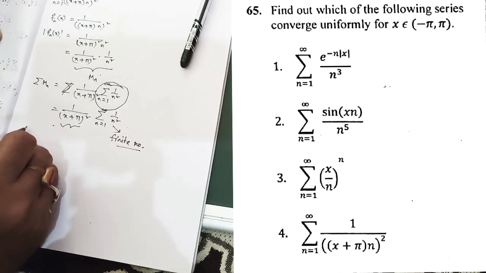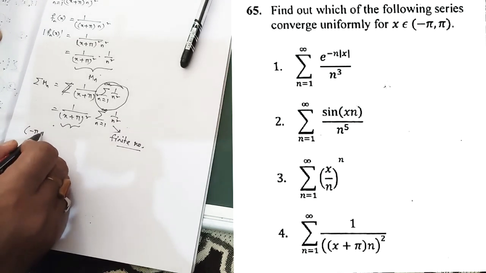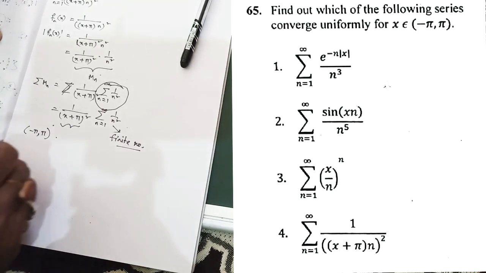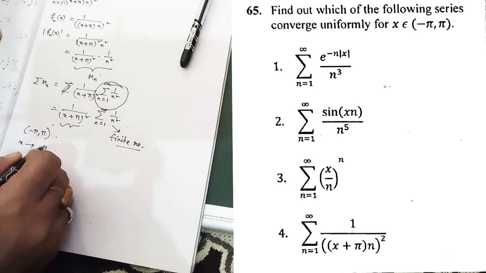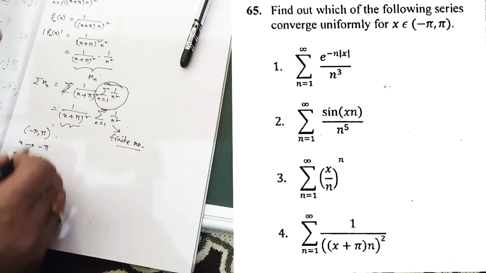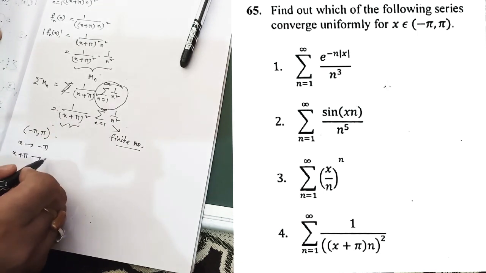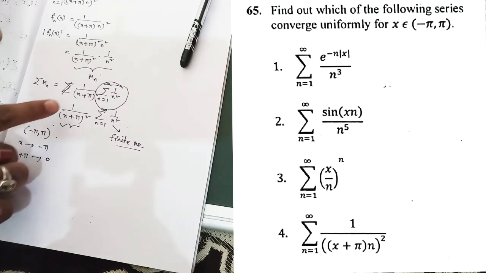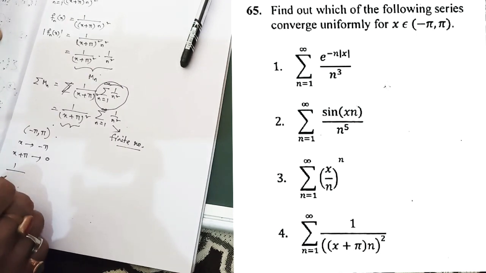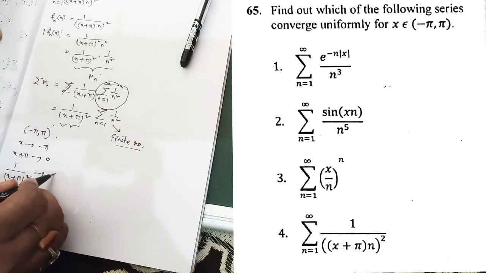Look at it, your interval is minus pi to plus pi. Whenever x tends to minus pi, then x plus pi, this term, is going to 0. It has a tendency towards 0. That means in that case 1 by (x plus pi) whole square is going to infinity.